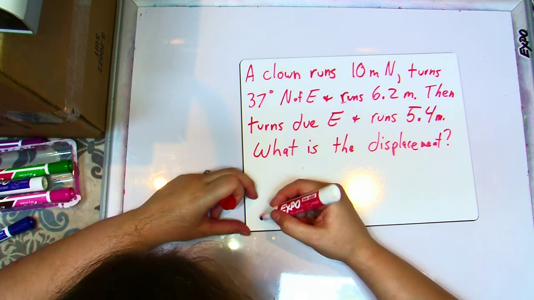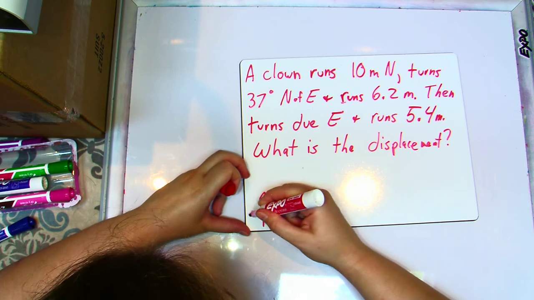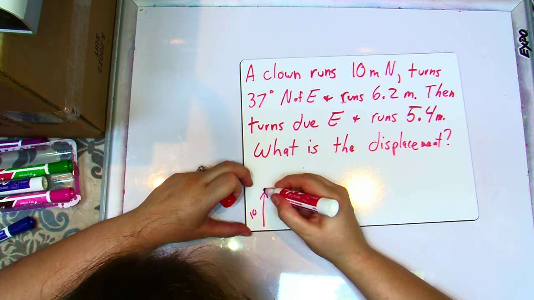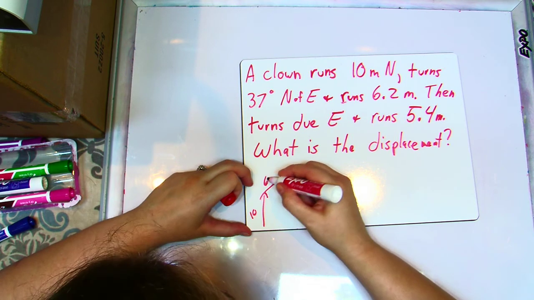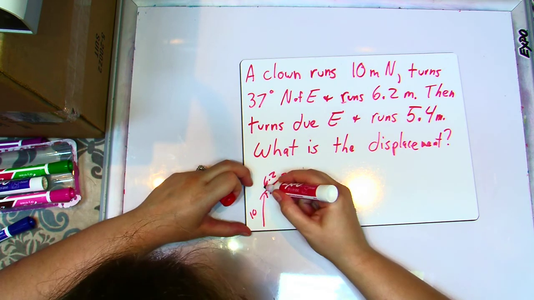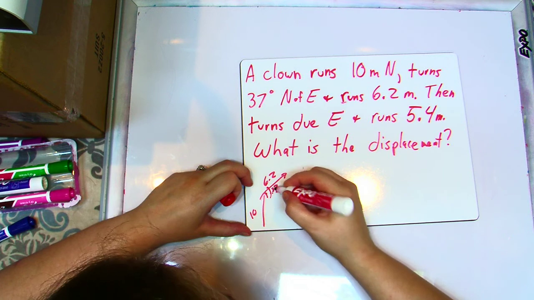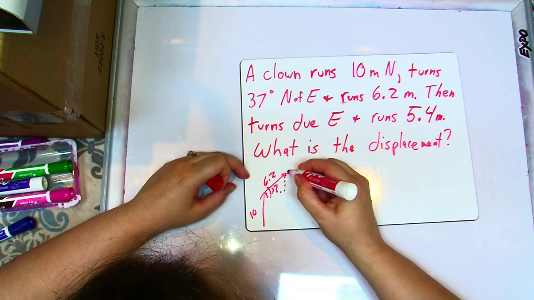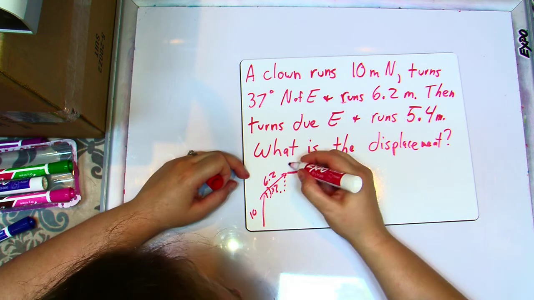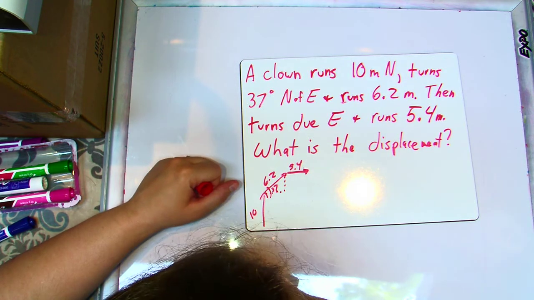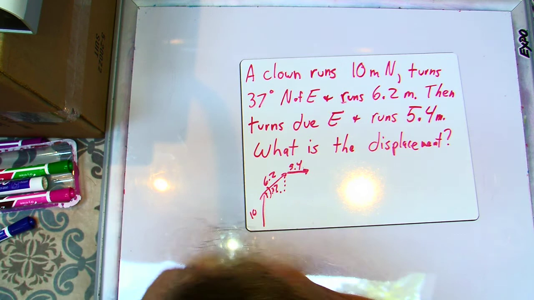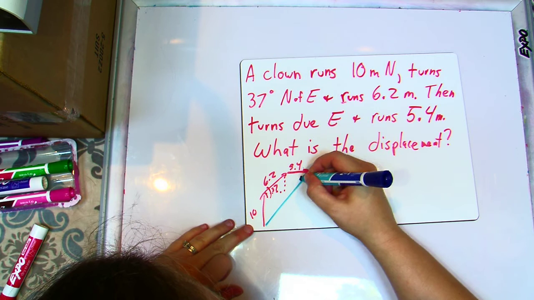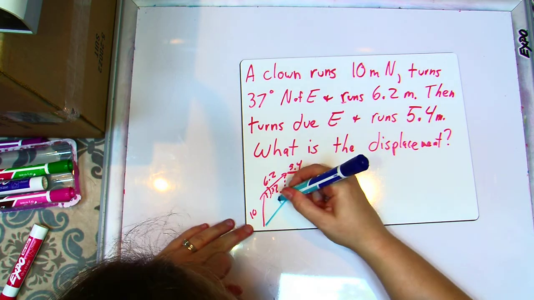So the clown runs 10 meters north, then he turns and runs 6.2 meters, and that is an angle of 37 degrees north of east. Then he turns again and runs 5.4 meters straight east. All right, so what we want to find is that resultant, the total resultant.